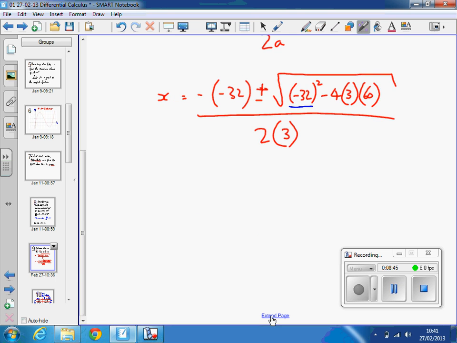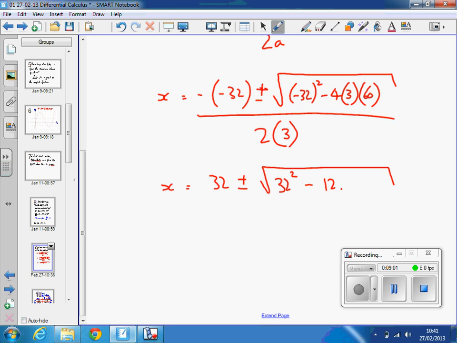So then I can simplify it before I put it into the calculator as far as I can. 32 plus or minus the square root of 32 squared minus 12 times 60, just to make it a bit easier for myself, all over 6. And then I get the calculator out and put the numbers in.